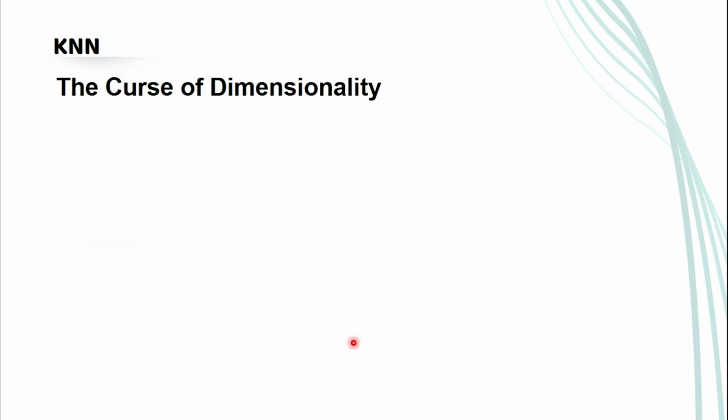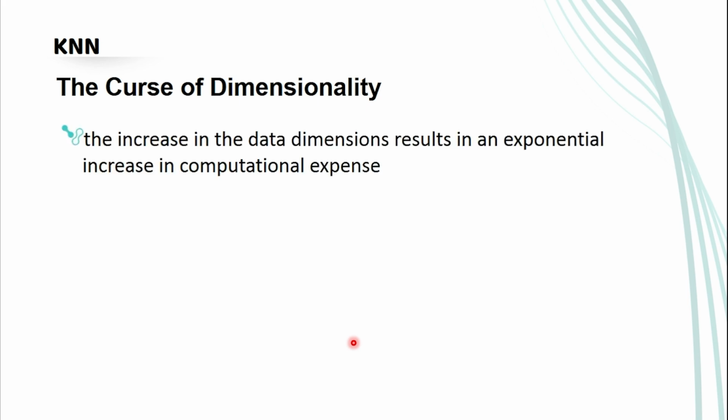We have seen from the decision region diagram that k-nearest neighbor forms a very complex boundary for the region. So k-nearest neighbor will generate overfitting, especially if the data is high dimensional. This is the curse of dimensionality. What is the curse of dimensionality?